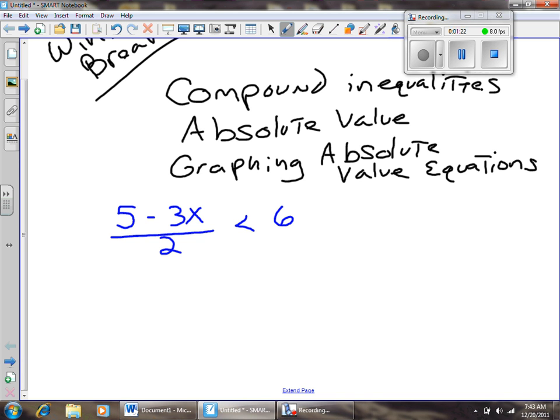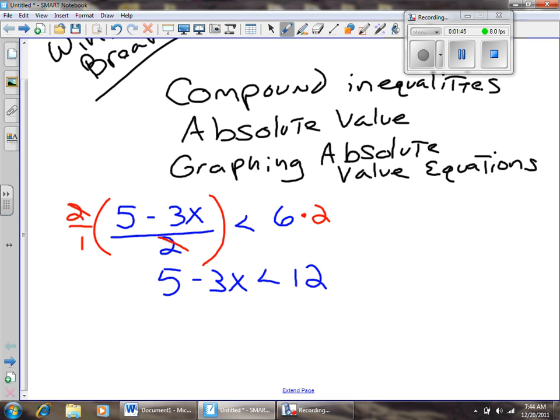To solve this one, if you want to pause the video and try to solve it on your own, that would be awesome. If you're listening to the video now, I'm assuming you want to see my solution. My first step is going to be to multiply by 2 on both sides. The 2's will cancel, and I will have 5 minus 3x, which is less than 12.